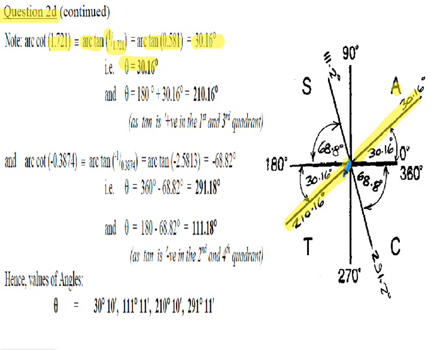So we're going to get a solution that's 180 degrees plus 30.16 degrees from the horizontal. So my second solution for theta, 180 degrees plus the 30.16, is 210.16 degrees, related to the positive 1.721 ratio.